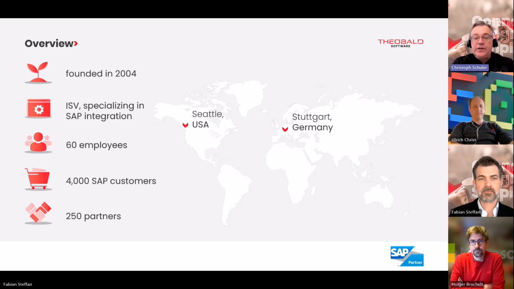Our partner network is also very important to us. First and foremost, we're an SAP certified partner. But we've also had a very long-standing partnership with Microsoft through those early solutions that I mentioned. Over the course of the 20 years, we've enjoyed a very good partnership with Microsoft.